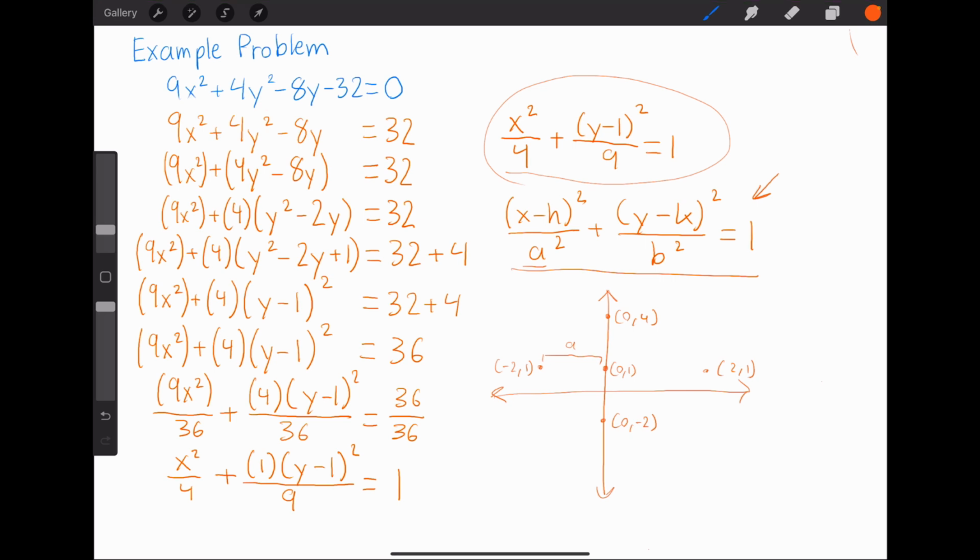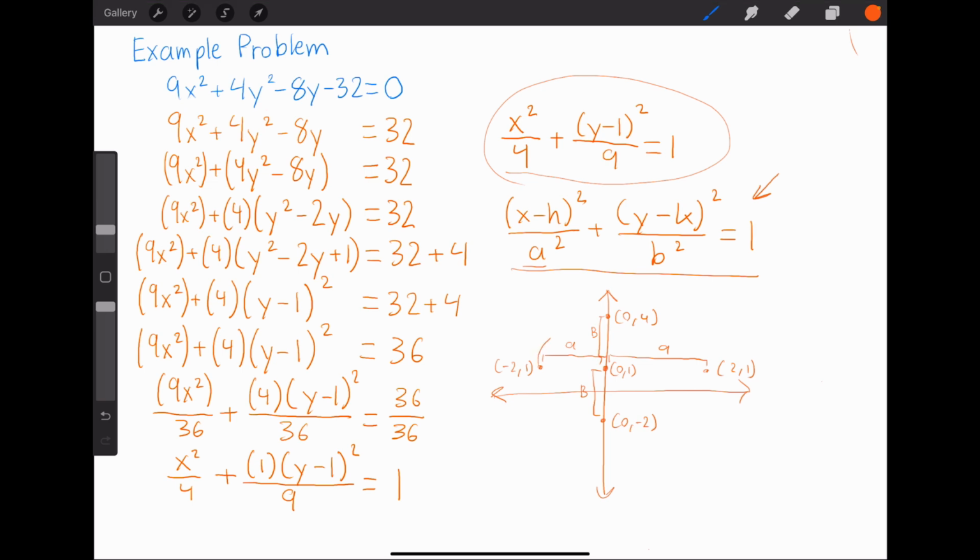This is likewise for b, but with the vertical axis. Additionally, a major axis is just the longer axis of the ellipse, while the minor axis of an ellipse is just the smaller axis of that ellipse.